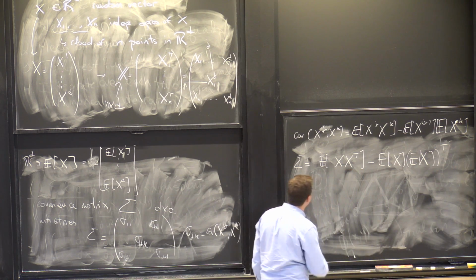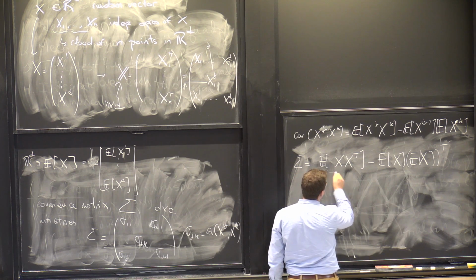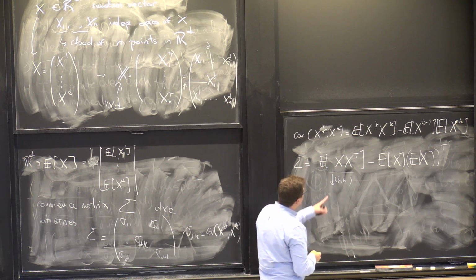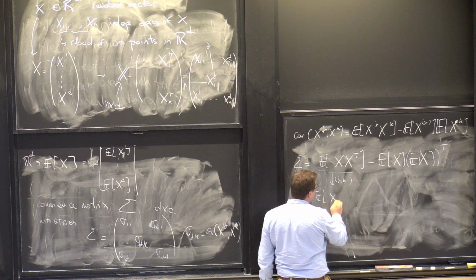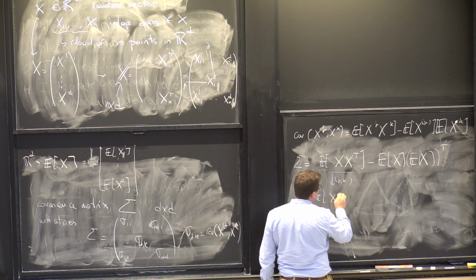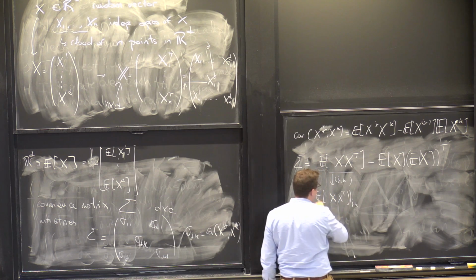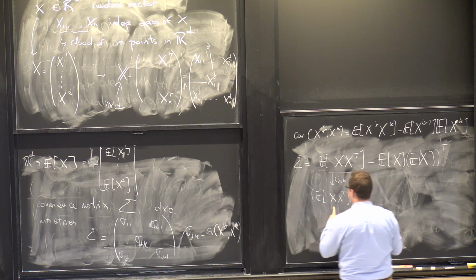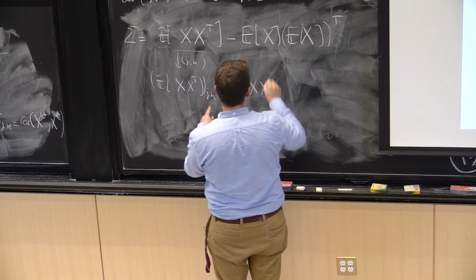Why? Well, let's look at the jkth coefficient of this guy, right? So here, if I look at the jkth coefficient, I see what? Well, I see that it's the expectation of x x transpose jk, which is equal to the expectation of x x transpose jk.